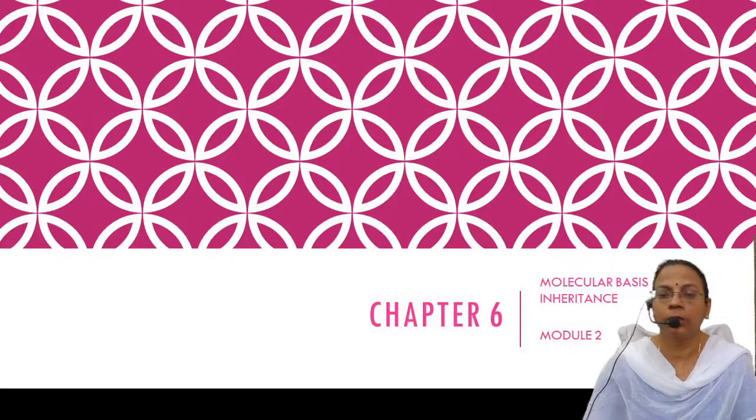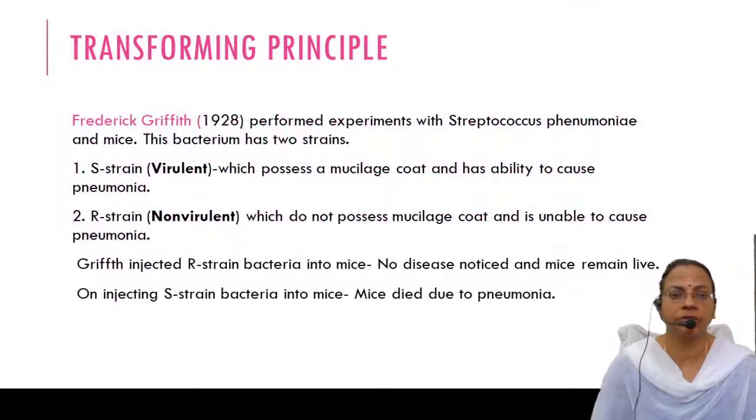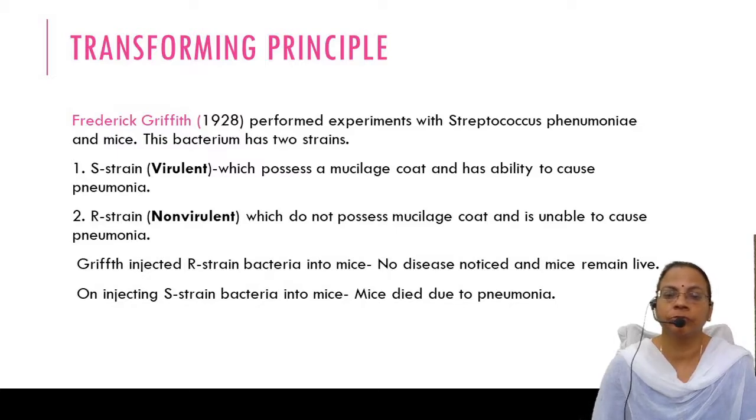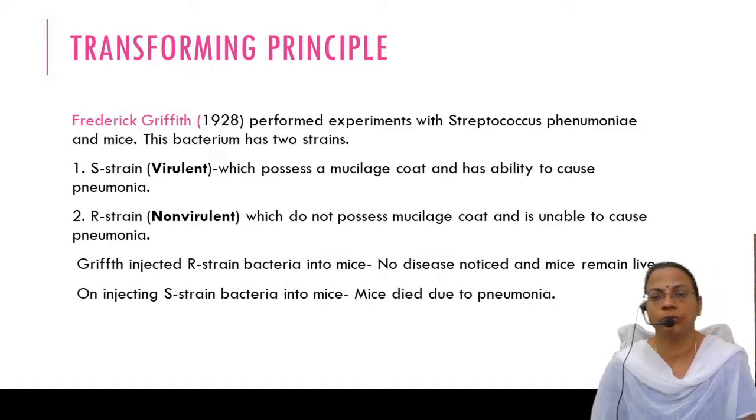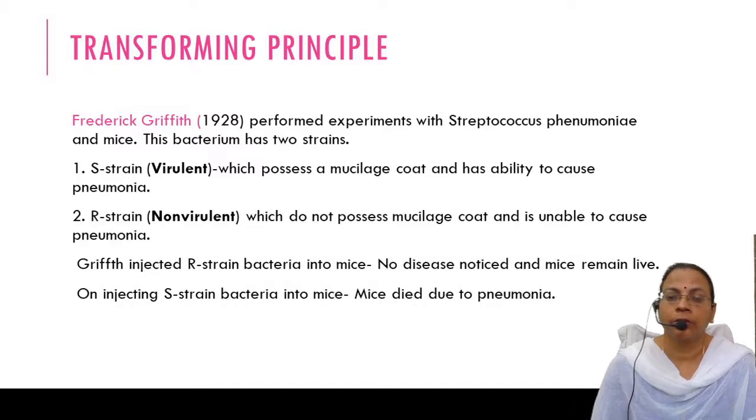So, we will go to the Griffith experiment first. In the year 1928, Frederick Griffith performed an experiment to prove that in organisms, especially in bacteria also, there is a special capacity that, by the influence of a particular component, it can transform from one strain into another strain.